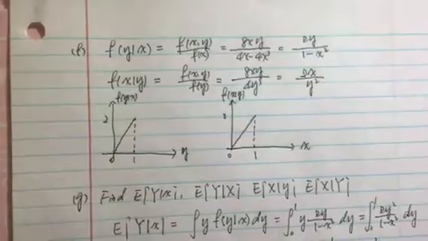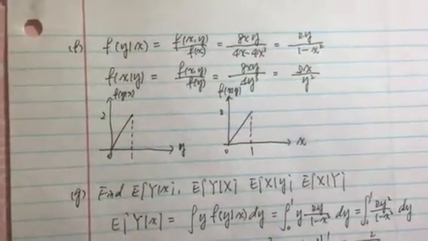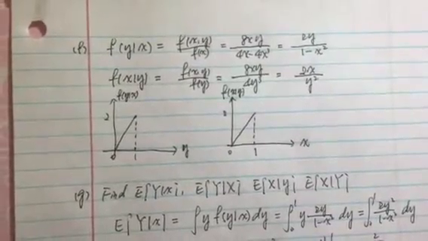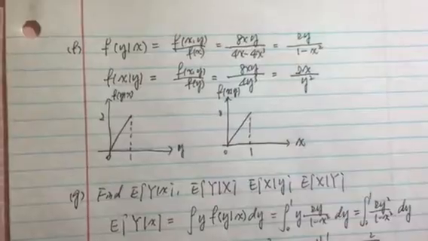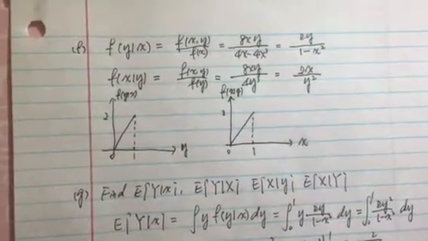For f_X given y, it's just f_XY over the marginal density function f_Y, and it's 8xy over 4y cubed, which is 2x over y squared.